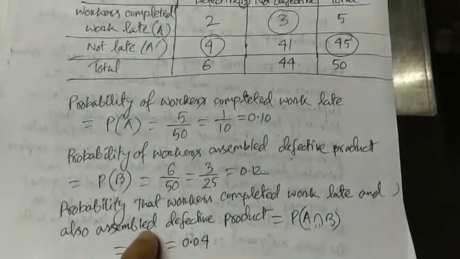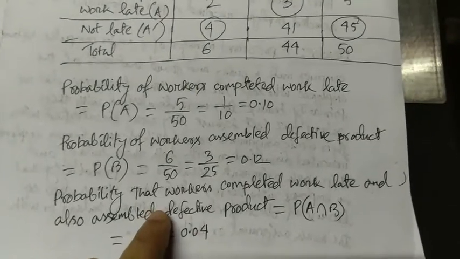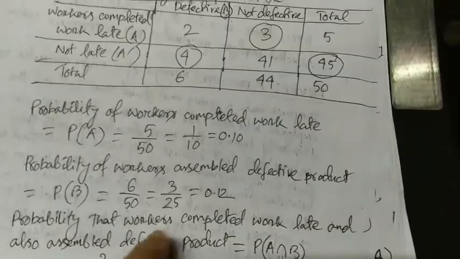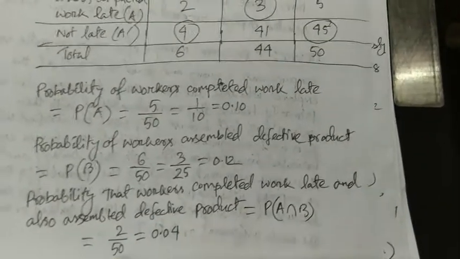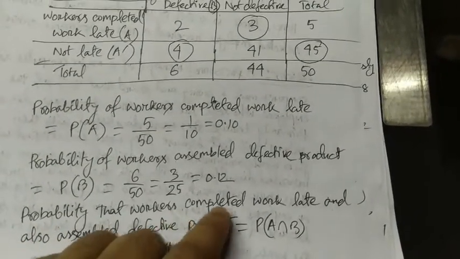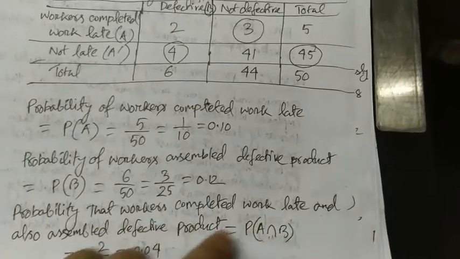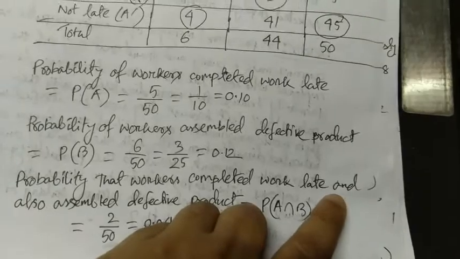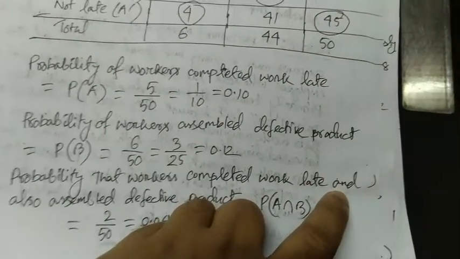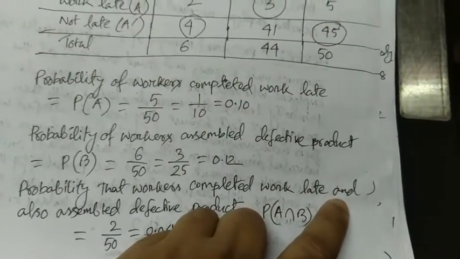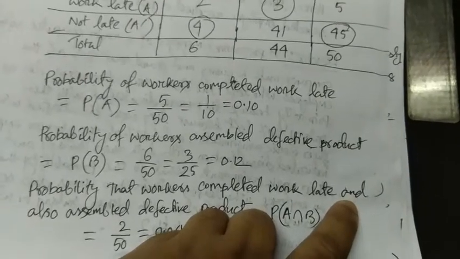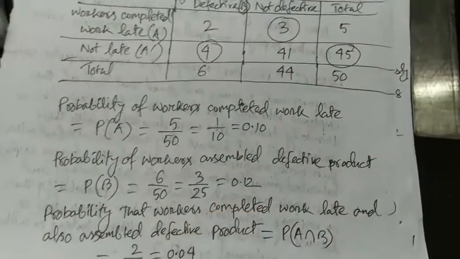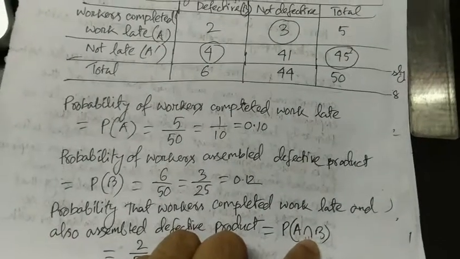Now the question is asking to find the probability that workers completed work late and also assembled defective product. Whenever you see the word and, or both, you need to find the intersection.